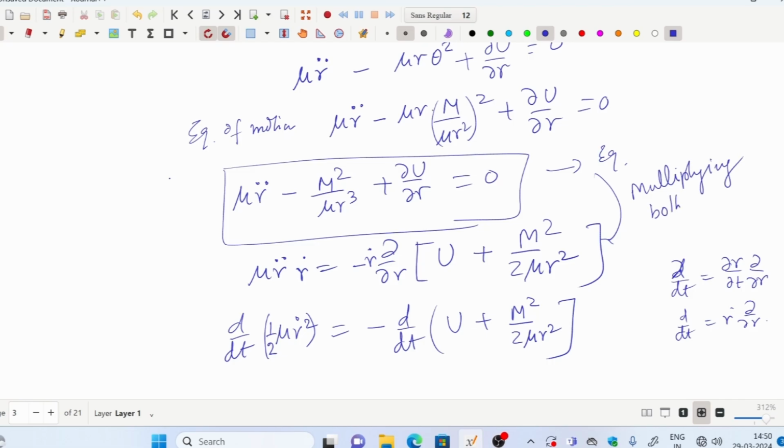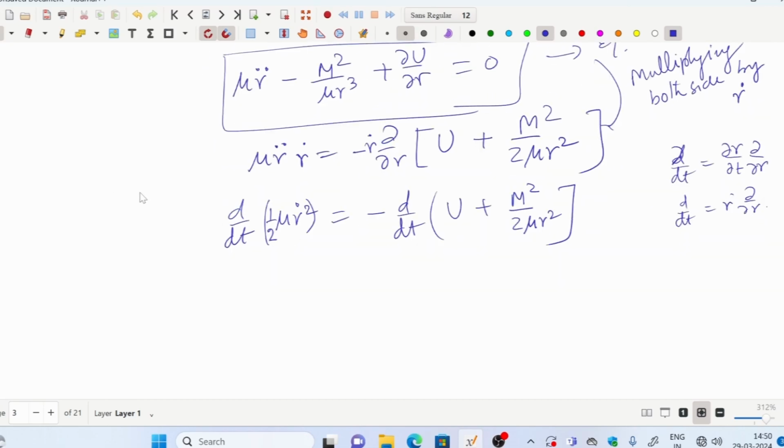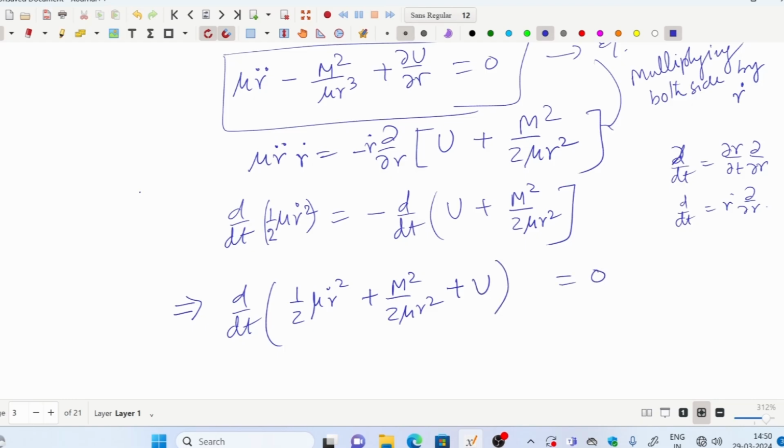Now I can combine this together, bringing all terms to the left side, d/dt of half mu r dot square plus m square by 2 mu r square plus u equal to 0.